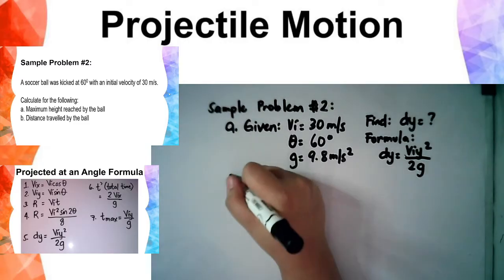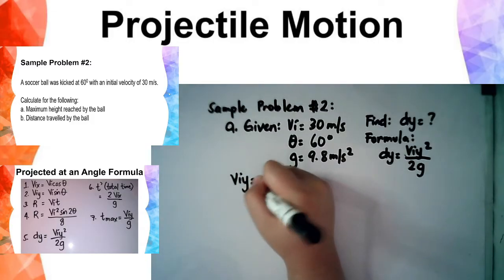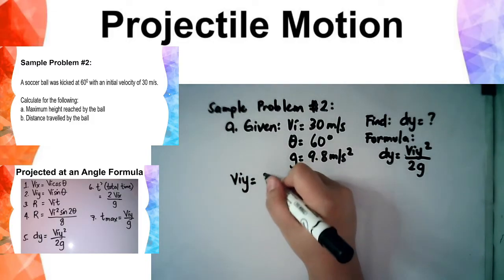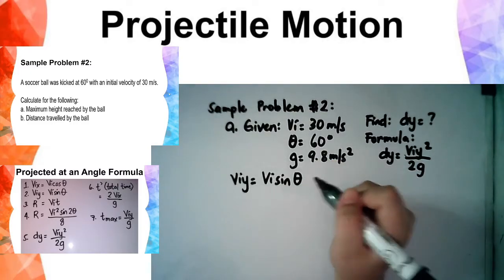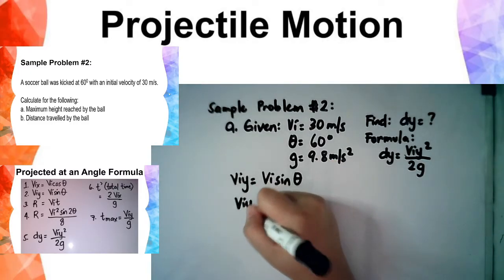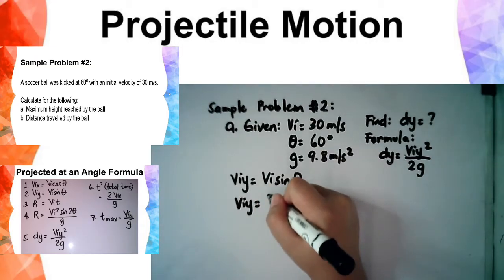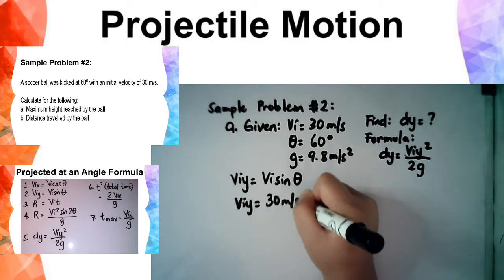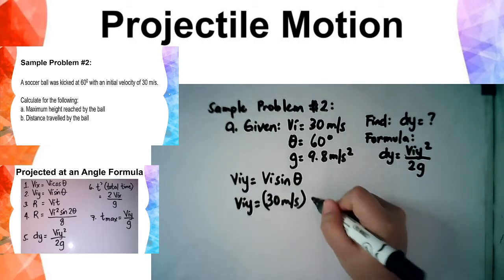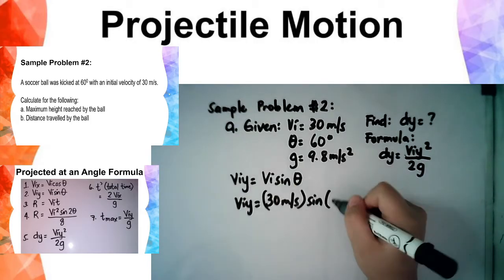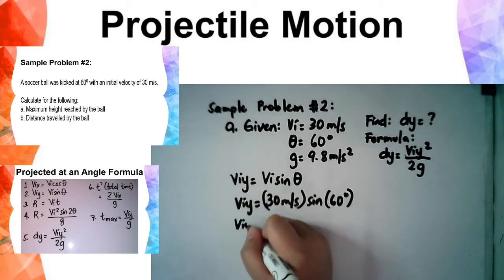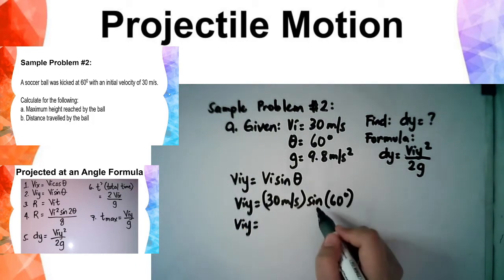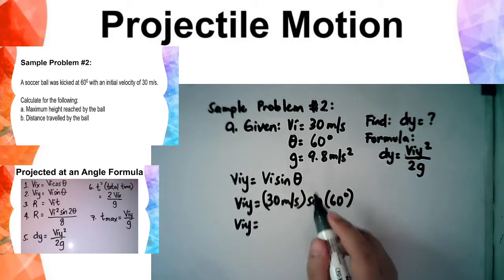So, you have here VIY is equal to VI sine theta. Okay, so we have VIY is equal to VI or the initial velocity 30 meter per second sine theta which is 60 degrees. So, ang una pong gagawin dito, you need to compute for the sine 60.